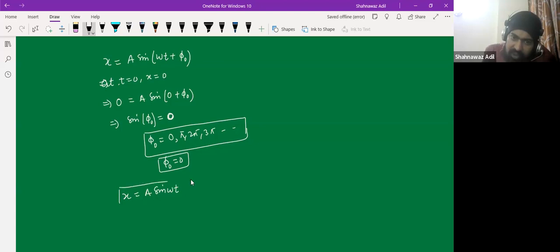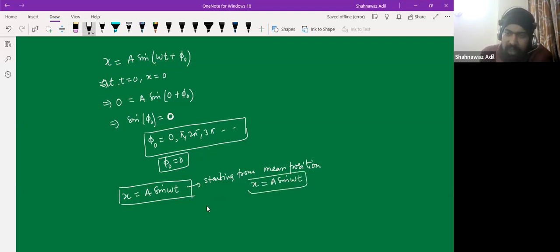So always remember that when the object is starting from mean position, then x is a sine omega t.